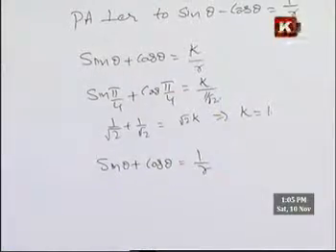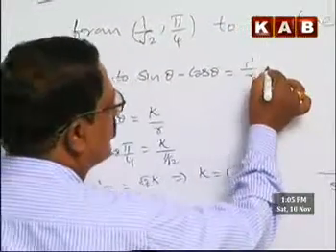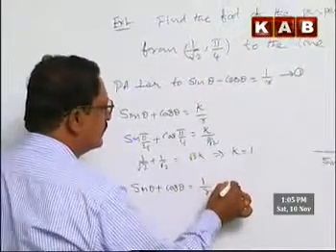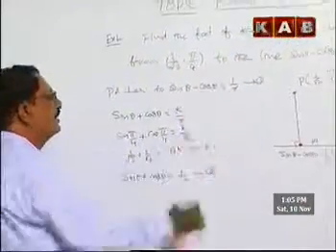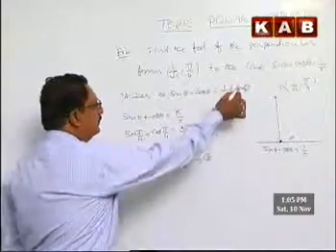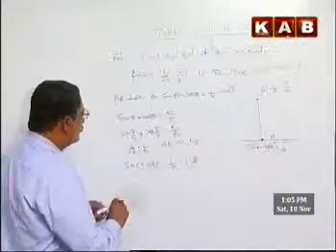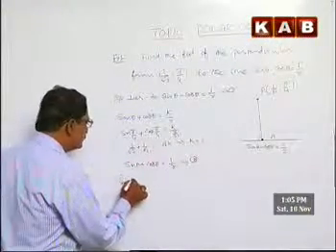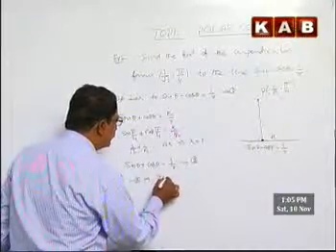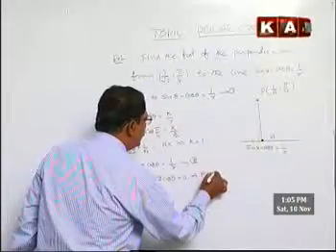Now, first consider the line sin theta minus cos theta equals to 1 by r as 1. Now, sin theta plus cos theta equals to 1 by r is second line. By solving 1 and 2, we get the values of theta and r. Subtracting the second from the first equation, we get 2 cos theta equals to 0, which implies theta equals to pi by 2.